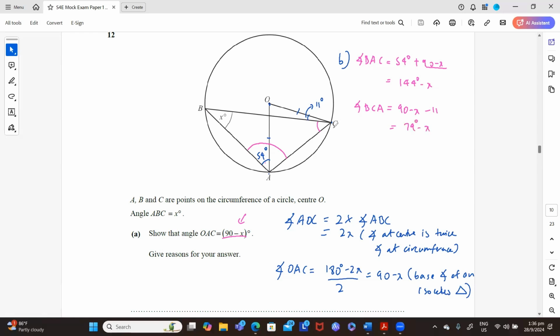So angles in a triangle, sum of angles in a triangle, x will be equal to 180 degrees minus 144 minus x minus 79 minus x. Right, so from here, this 180.